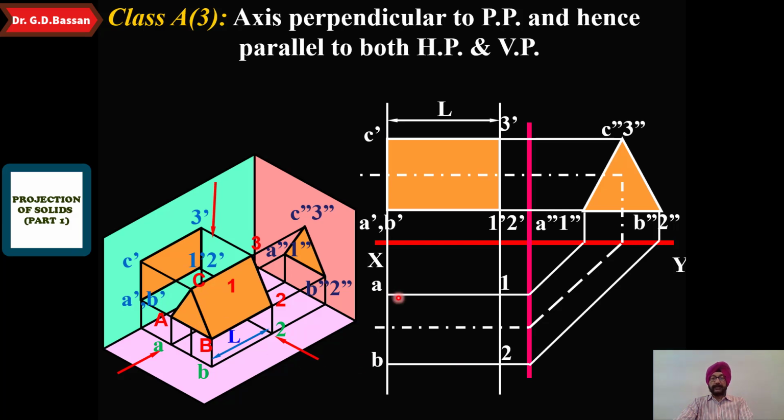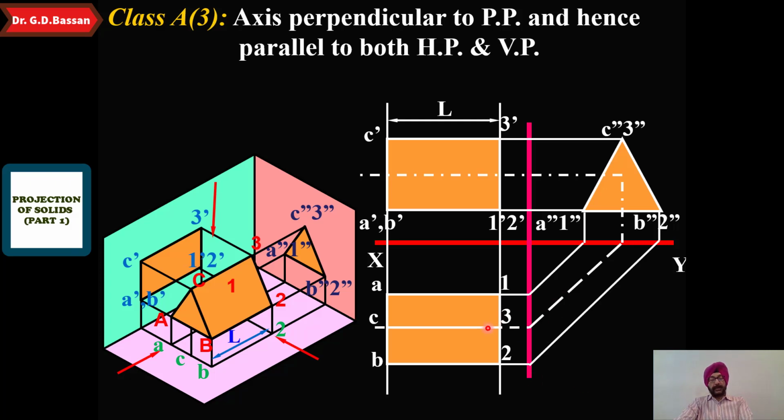So C will be seen from here at this point, and the 3 will be a point here. So you are getting the top view of this particular solid.